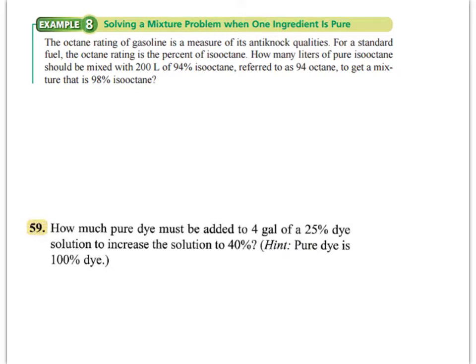So again, you could make that table, or maybe you're getting used to how these work out. What we already have is 200 liters of 94% isooctane. We're going to add to that some pure isooctane, so I'm just going to call that x.